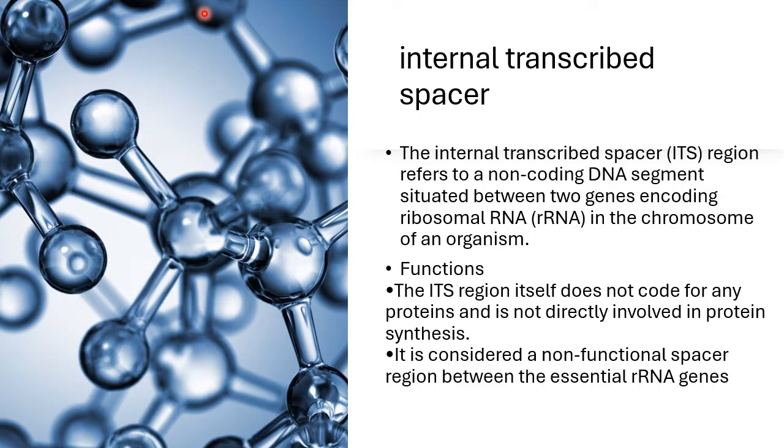This variability is particularly pronounced in the ITS region, ITS 1, which is internal transcribed spacer 1, compared to internal transcribed spacer 2. So we have ITS 1 and ITS 2, and this variability is more pronounced between them.